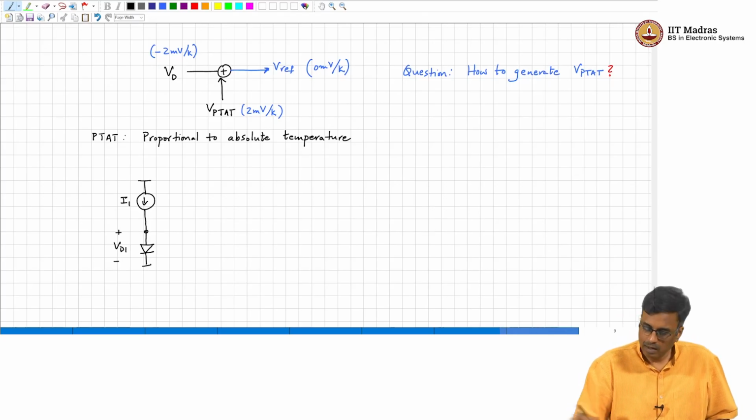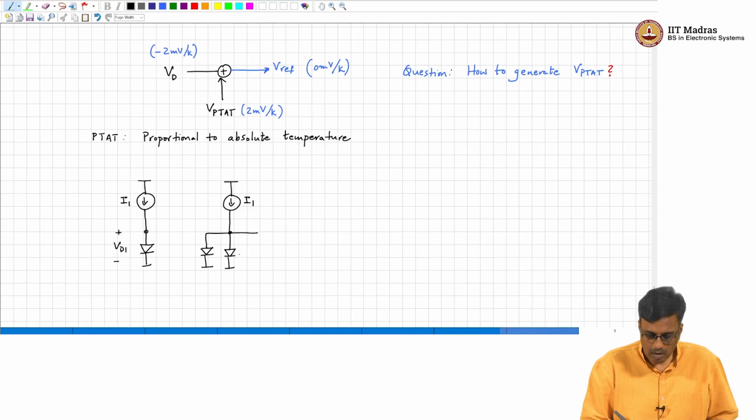And let us take the same current I1 and push it through N diodes connected in parallel.